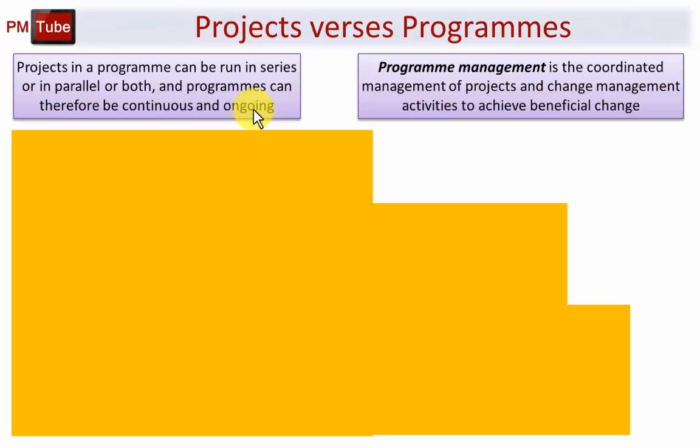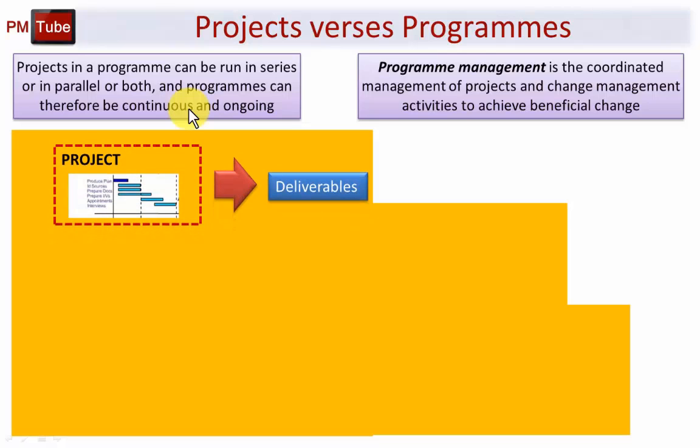Also, you've probably all heard of programs that are continuous and ongoing. I suppose an example here would be where you have a continuous improvement program, usually sponsored by one of the most senior managers in your organization, your CEO, and it's all about making your organization more efficient, productive, and in effect getting it right first time.